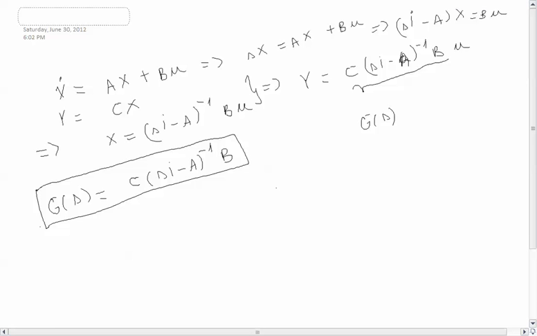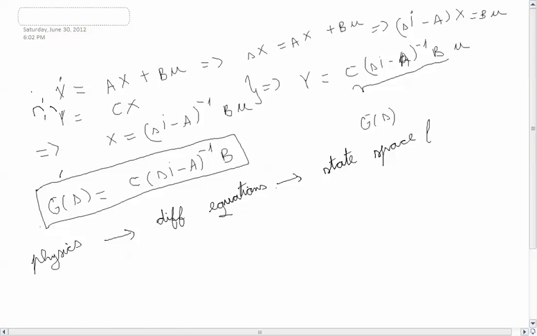So again, the physics of the system, which goes to differential equations, which can be written in state space form, for which I get the transfer function. I can go either like this, or I can go directly like this.